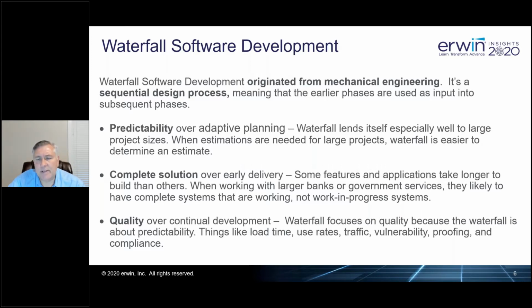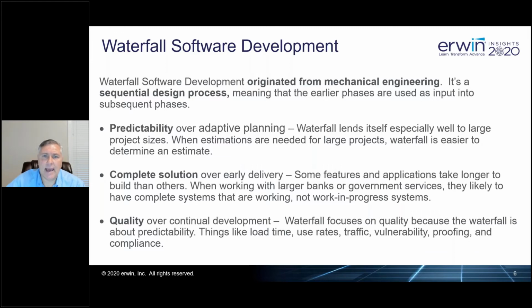We know how much the use rates are going to be, the traffic, the vulnerability proofing, and compliance. All these things add to the quality of the build and the predictability of the solution. So waterfall was a traditional way that we worked.